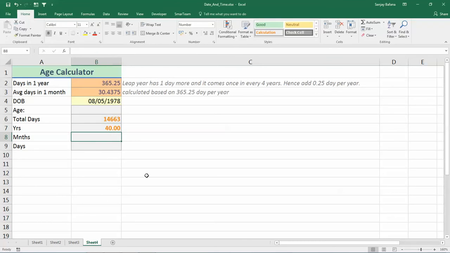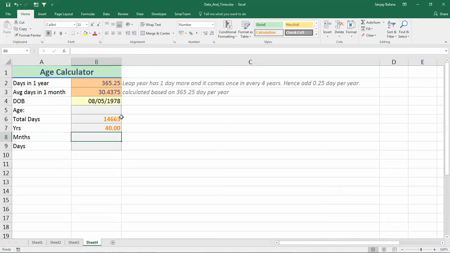It will give us the full years as 40. Okay, now 40 years are complete. So actually 40 years are complete on 8th of May 2018, but today's date is 30th of June. So I also want to know the number of months and days as part of the age calculator.